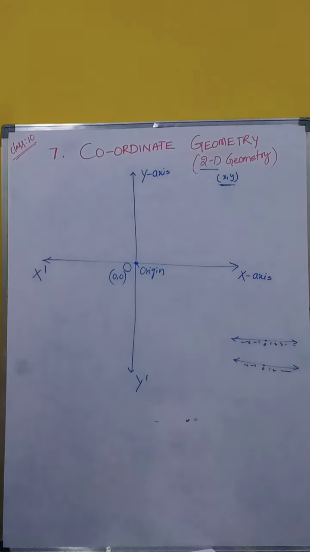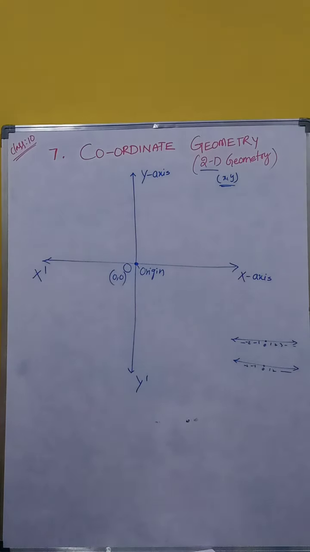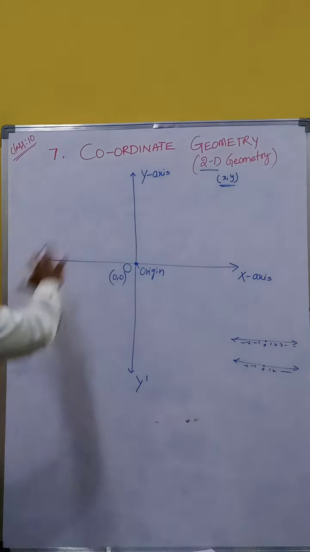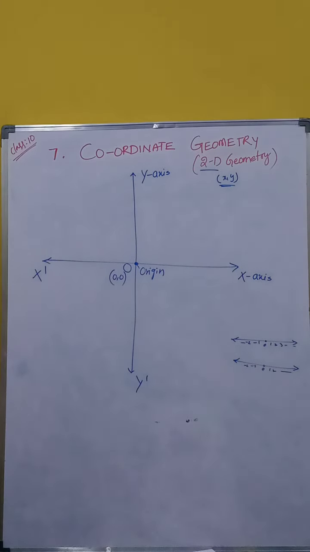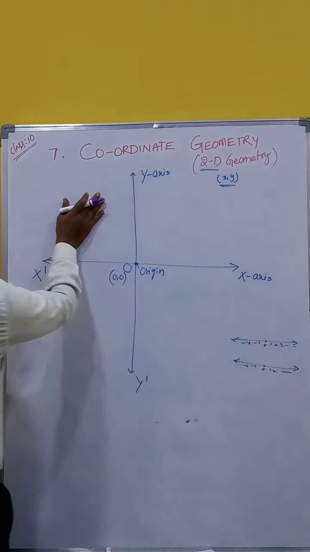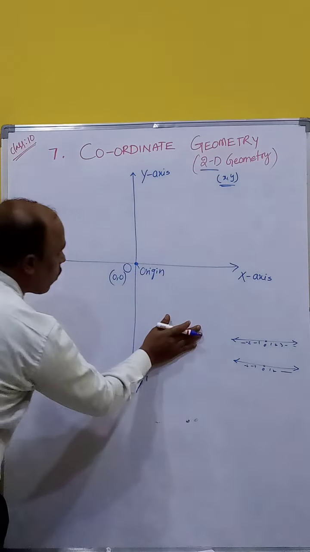Now suppose you take a plain paper, a plane surface. If you draw the x-axis and y-axis mutually perpendicular, the whole plane is divided into 4 parts: the first part, second part, third part and fourth part.